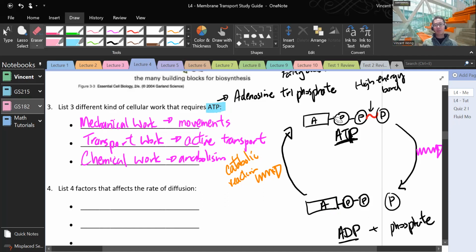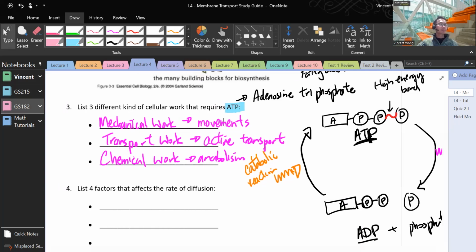You're not able to replenish the ATP quick enough, right? And you run out of the pool of ATP, and that causes your cells to not be able to do mechanical work anymore, and you have to stop and recharge, so to speak. Okay, that's that.